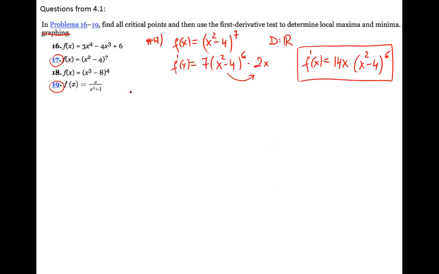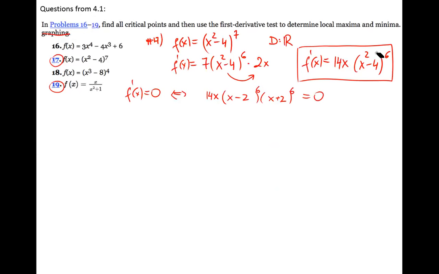Excellent. Now for the critical numbers, the derivative is 0 if and only if 14x, and maybe I can rewrite x squared minus 4 as (x minus 2)(x plus 2), both of them to the power of 6. Okay, that's my derivative. We can see the derivative is defined everywhere, right?